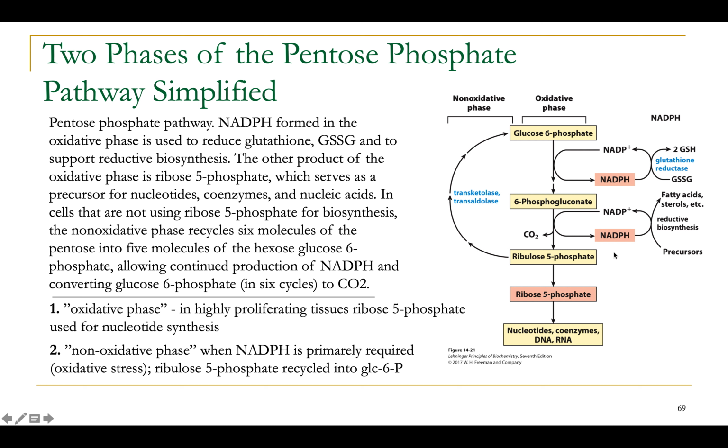But in non-dividing tissues which are susceptible to oxidative stress, like erythrocytes, liver tissue, or cornea, which is directly in contact with an oxygen-rich environment, the non-oxidative flavor is predominant, and similarly in adipose tissue, for example, where it is practical for lipid biosynthesis.